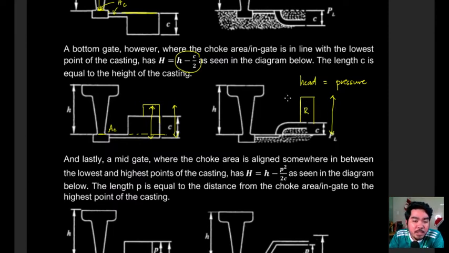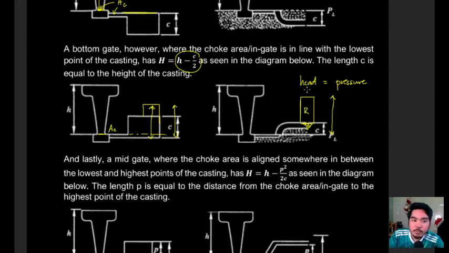Because if we only consider C here, then it's possible we won't fill out the riser head, or the pressure needed to fill the riser. So the riser won't function, and we can have a shrinkage defect in this portion, because we didn't consider the height of the riser.